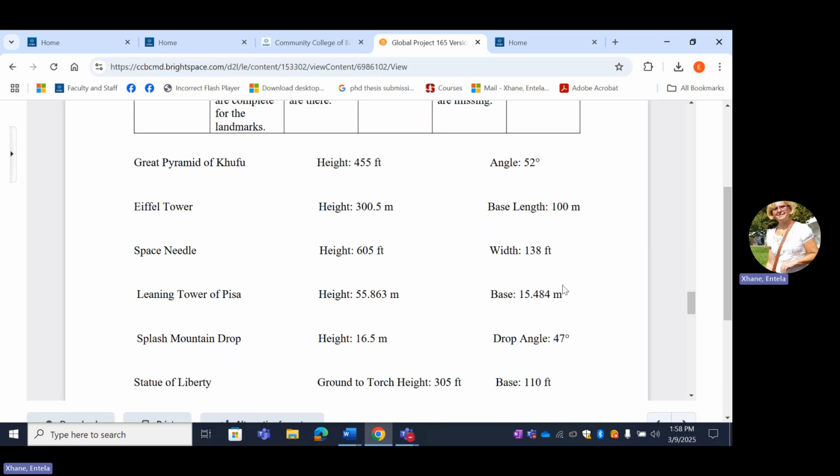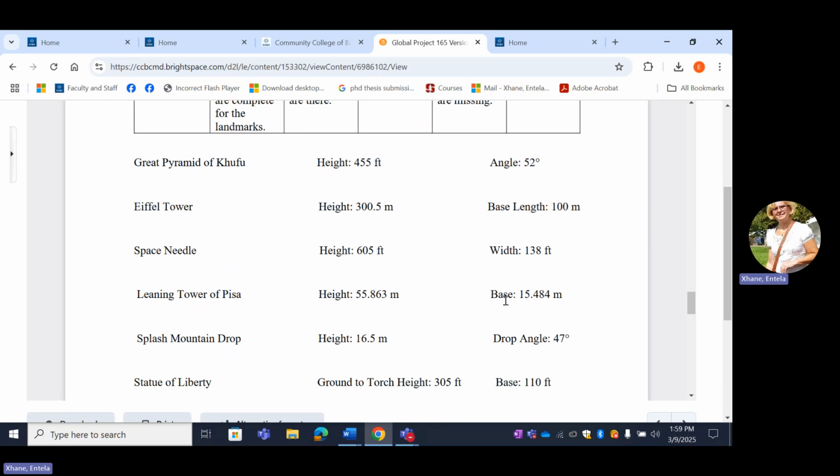The other thing to help you out, I'm giving you the base, because you're looking for geometric shapes that are going to be triangles. For some of the landmarks, these are going to be right triangles, and the base is going to be the side that relates to the ground level, that particular length, and then the height, which is either the side of the right triangle, or if the triangle is an oblique triangle, the height is going to be right in the middle of the triangle, so the height is going to create right triangles within the oblique triangle.